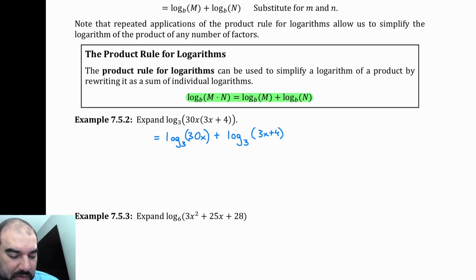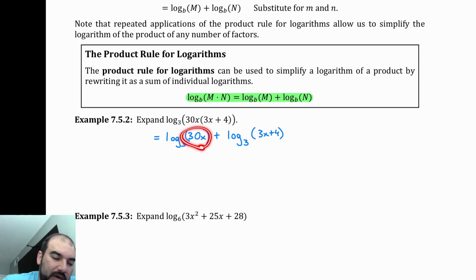There's actually another split in here that we can do because there are two things multiplied together in this log, right? So we can split the 30 times x as well into another sum. So we'll have log base 3 of 30 plus log base 3 of x plus log base 3 of 3x plus 4.